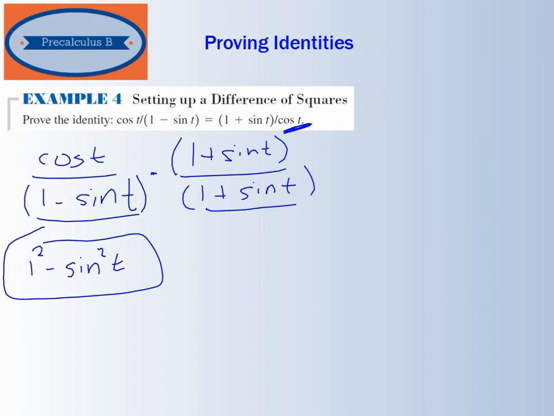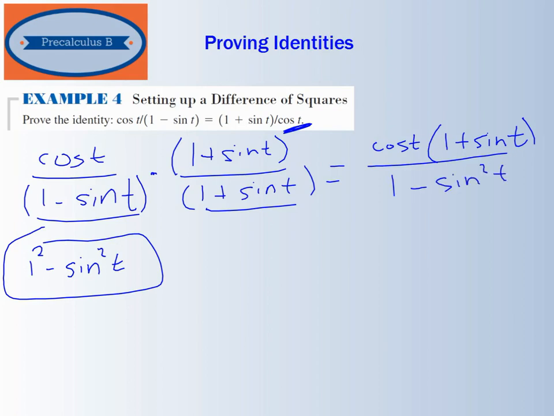So when I do this, this becomes cosine t plus... and I guess I don't even need to distribute this at this point, but I'll say this is cosine t times 1 plus sine t, all divided by 1 minus sine squared t.